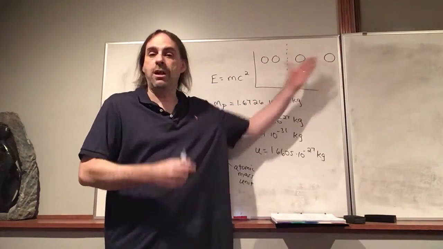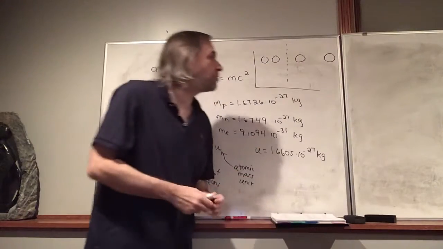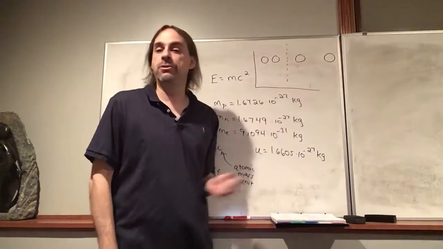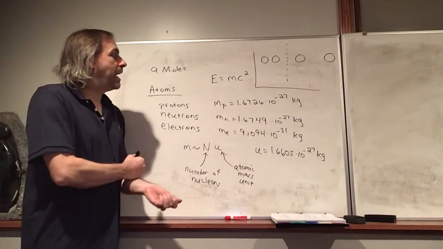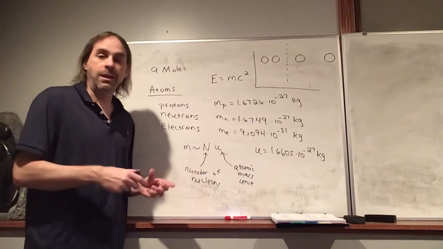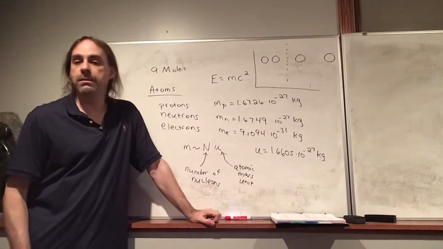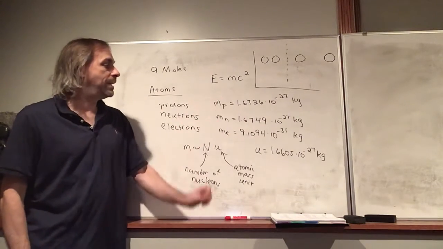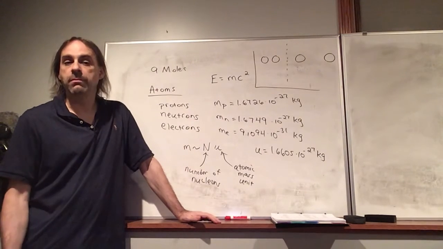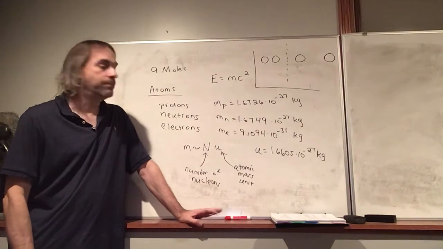There's more energy here, because if they're attracted to each other, they can accelerate towards each other and gain kinetic energy. So they have more potential energy here. Likewise, an isolated proton has more energy than it does inside the nucleus of an atom, and that's why this atomic mass unit is smaller than these individual masses. Ultimately, it comes down to that equation: matter is basically a form of energy.